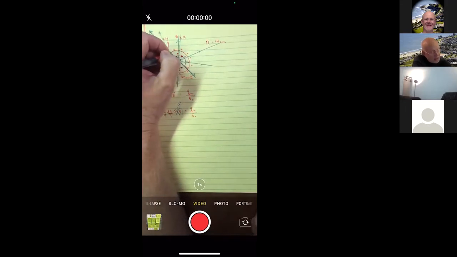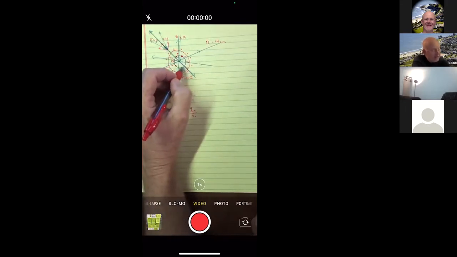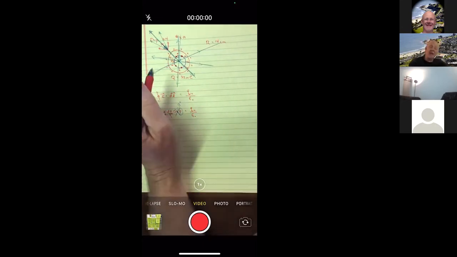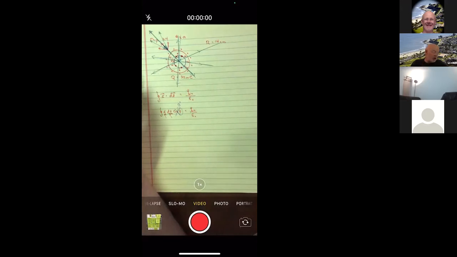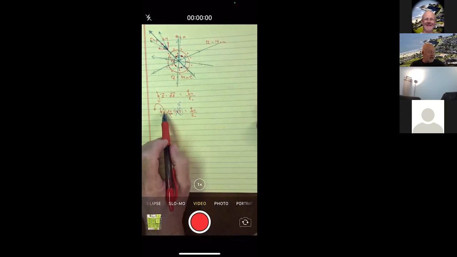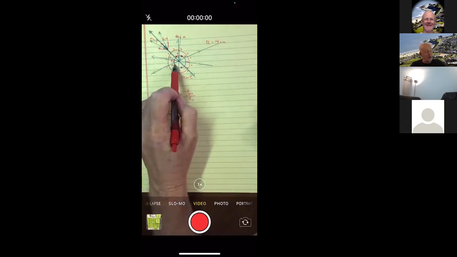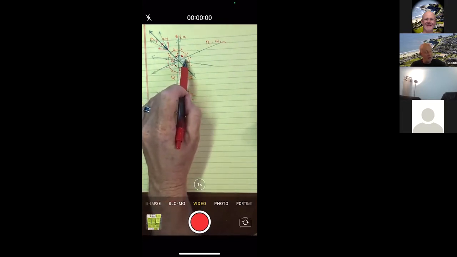But that would look exactly the same as if you were any place else on this Gaussian surface. And since it's the charges that make the electric field, you can argue that although I don't know the equation for the electric field, I do know that the magnitude of the electric field is the same value everywhere along this blue surface.